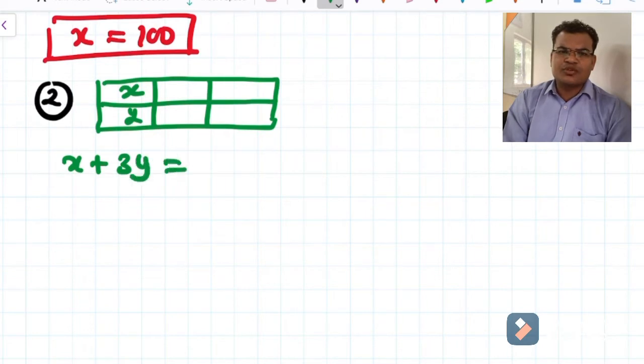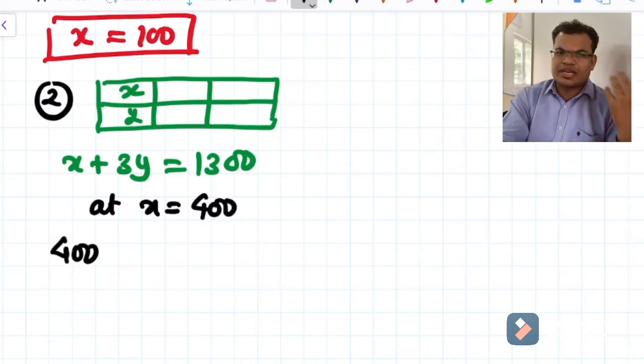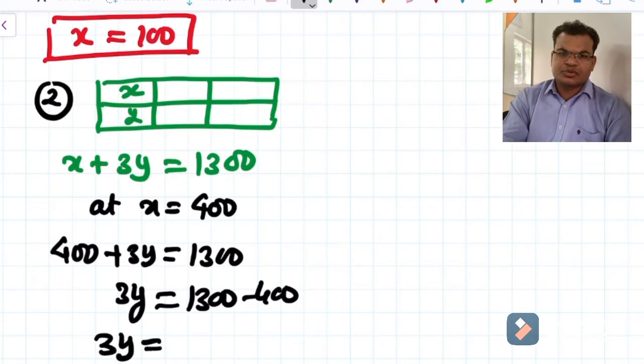I just want to put the value of x. I'm putting x equal to, you can put 400, 100, 200, 300. So 400 plus 3y equals to 1300. 3y equals to 1300 minus 400, that will become 900. So 3y equals 900, so y equals 300.